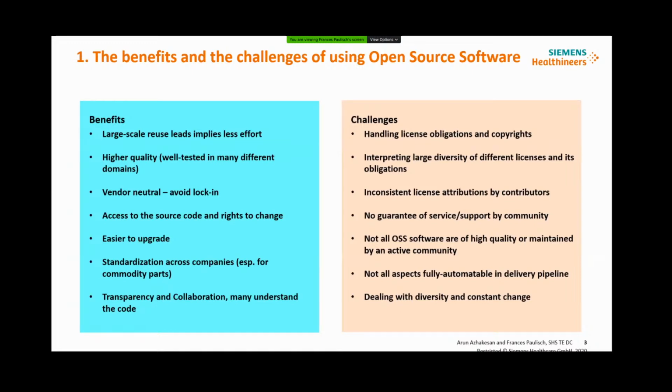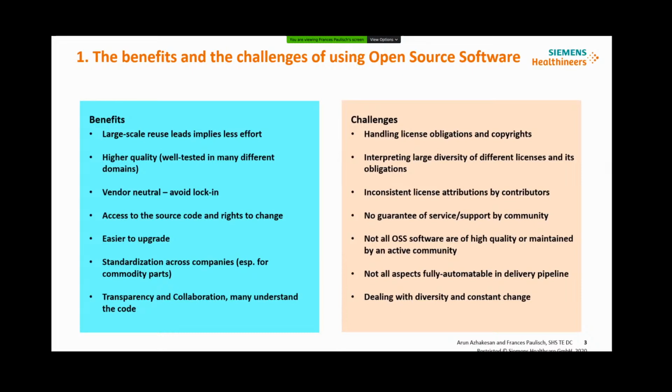It's not a guarantee. So maybe on the challenges side, it's not a guarantee that you have good quality. You have to choose the communities and the components carefully. But on the plus side, you can avoid vendor lock-in. It's a lot easier to upgrade.